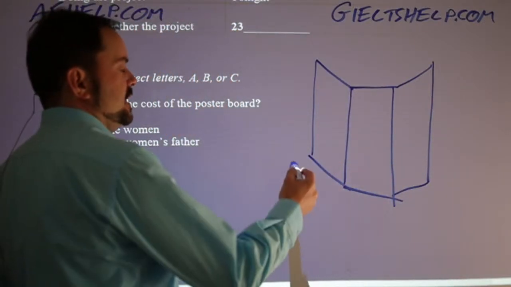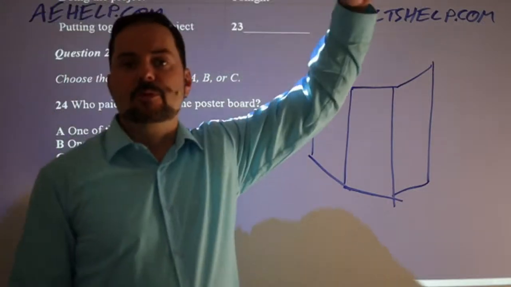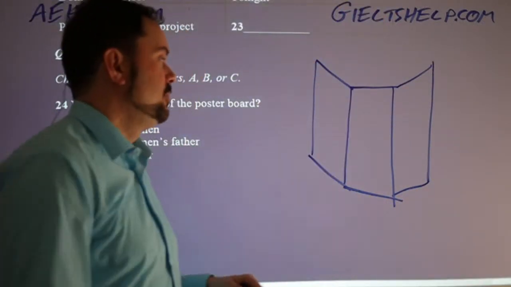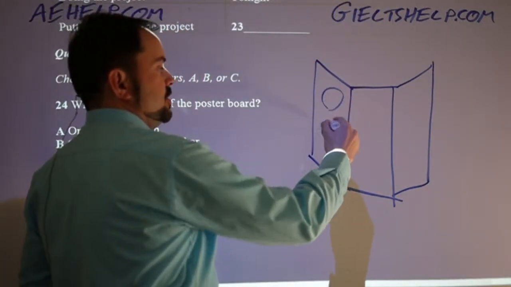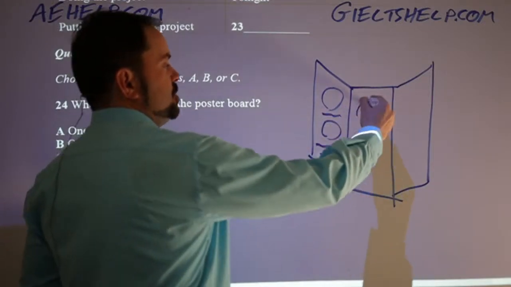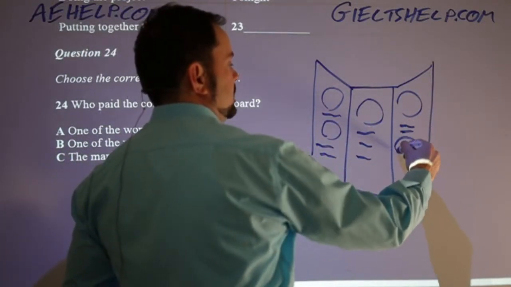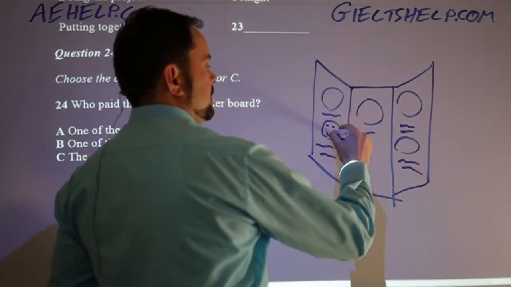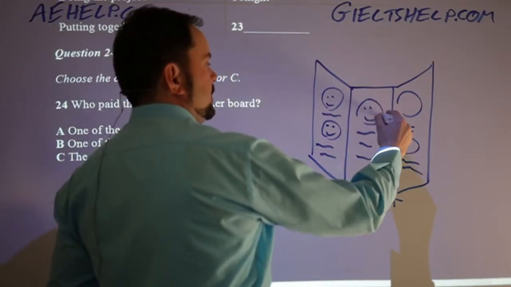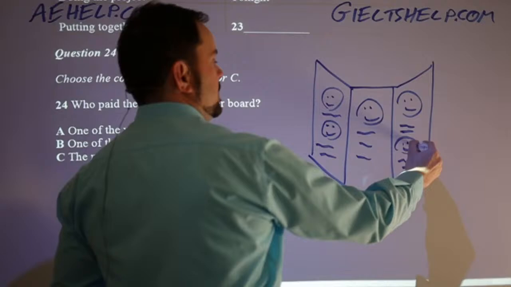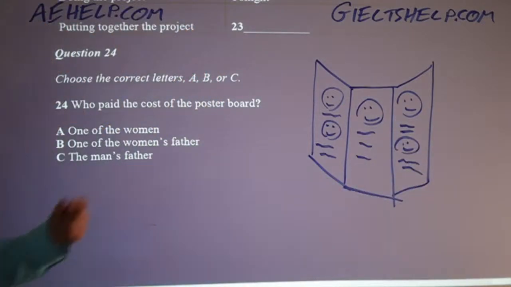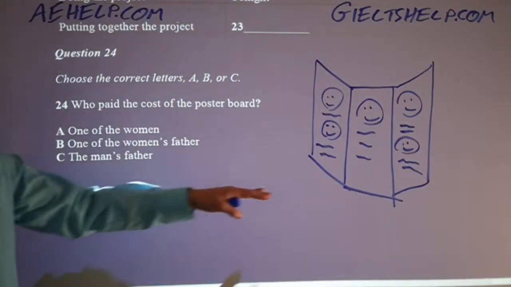You have this kind of large cardboard that you put on a table, and then you have some pictures and some information like that. Here they're going to be about historical figures. So this is kind of what you should have seen here.